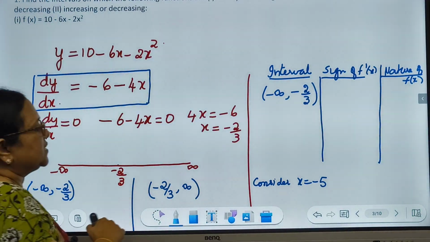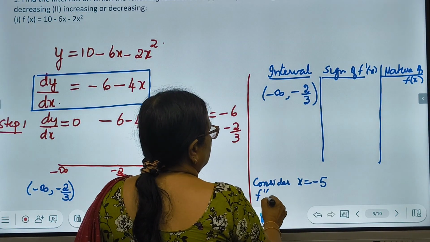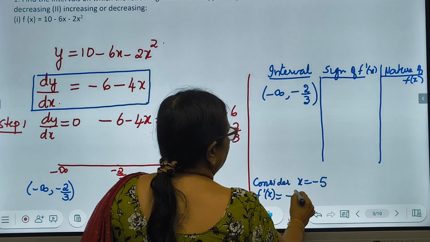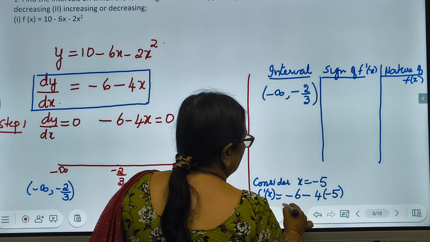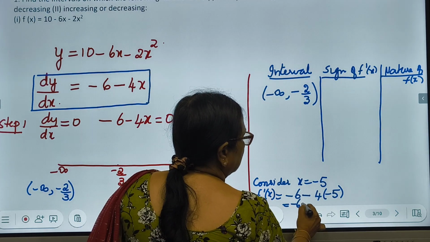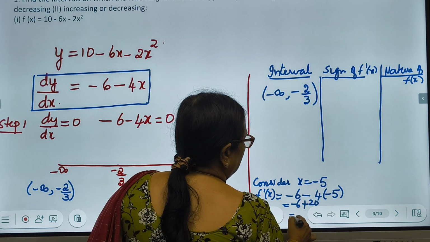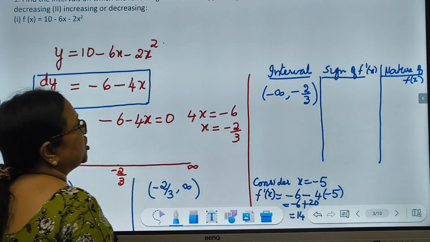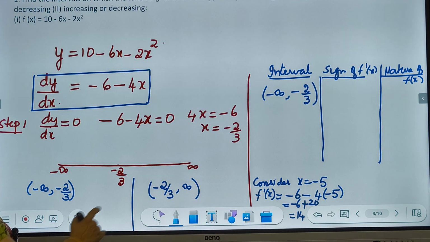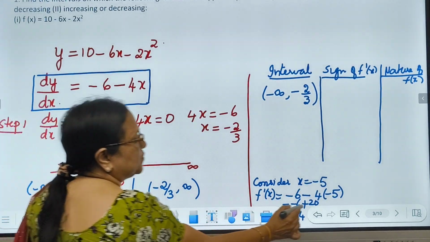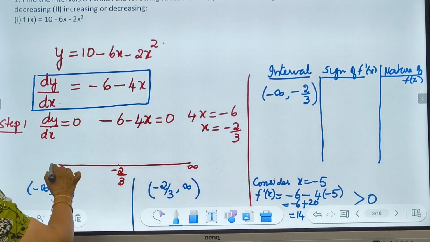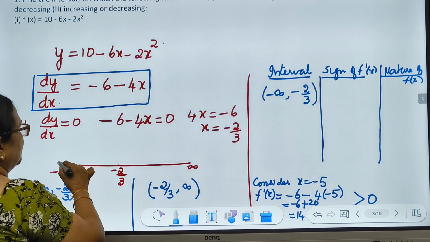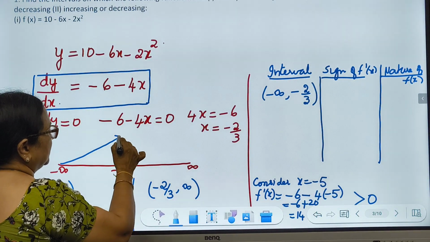Now f'(x) is -6 - 4 into -5. So -6 + 20, which is 14. So the function is increasing because it is positive. Slope is positive, greater than 0. So from minus infinity to -2/3, the function is increasing.